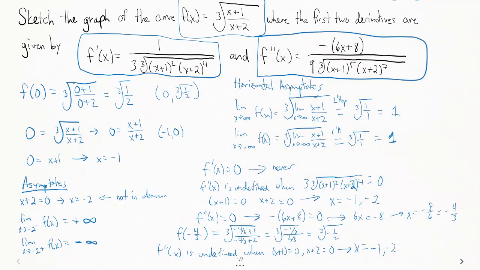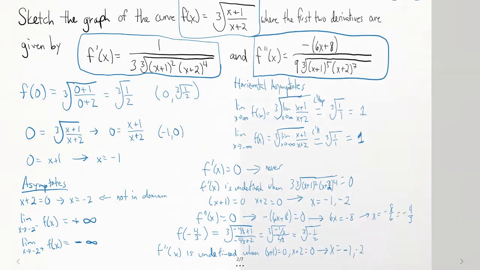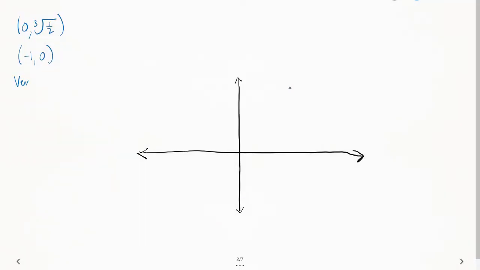So negative 1 and 0. We had x equals negative 2 is a vertical asymptote, at x equals negative 2.